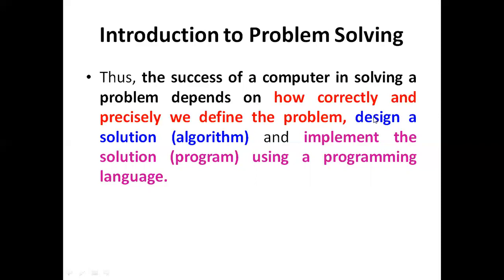After that, instead of writing the programmatic code directly, people first write it manually. That manually written code, the designed solution, is called an algorithm. Then by using some high-level programming languages, we implement that task.